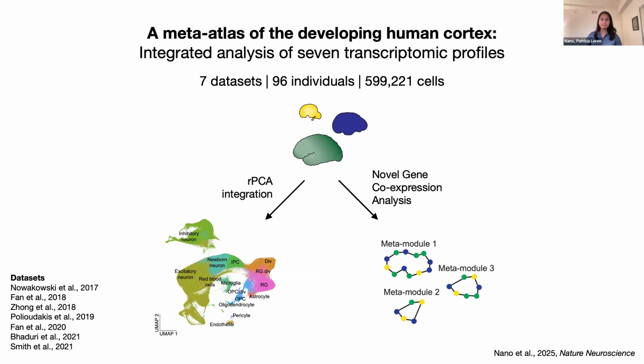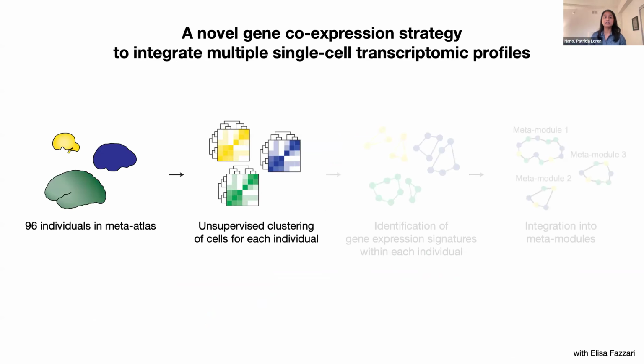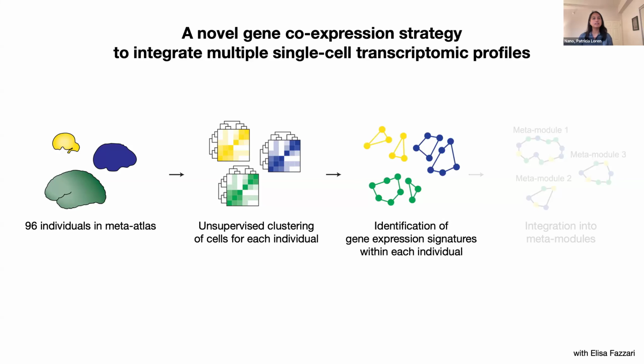Now, to create a metamodule, you have to go back to each of your 96 individuals, in this case, in our meta-atlas. And for each of these samples, I conducted hierarchical clustering of the cells based on transcriptomic similarity. So that clustering will give us clusters, they have cluster markers, and so those individual level cluster markers represent the biological variation within each sample.